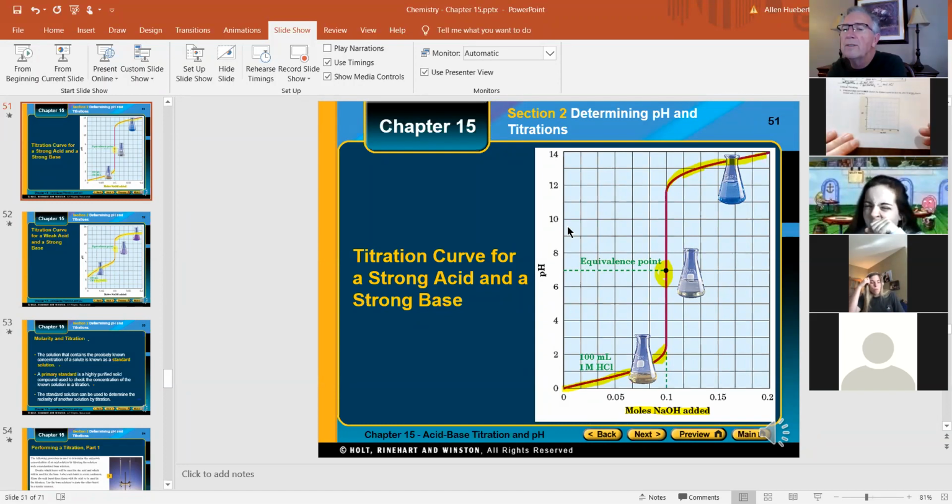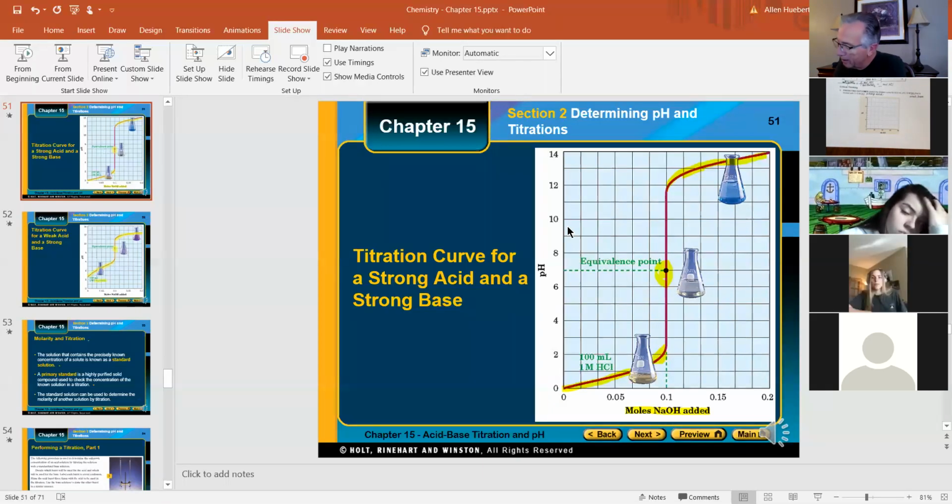This over here is a weak base. And this one is a strong acid. But we're starting out with the weak base first. It says we're titrated with, so the base is in there first.